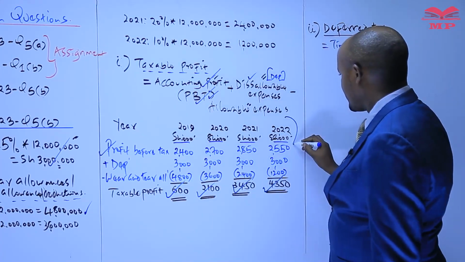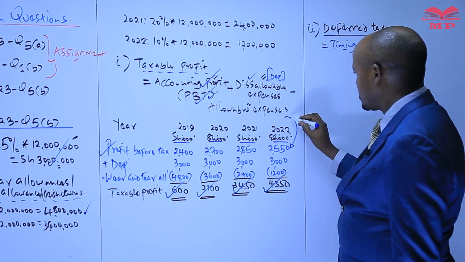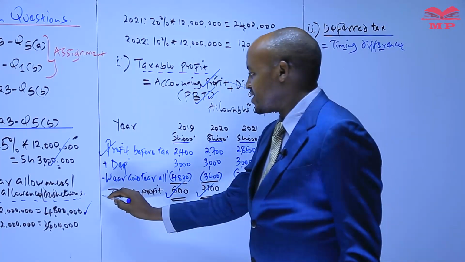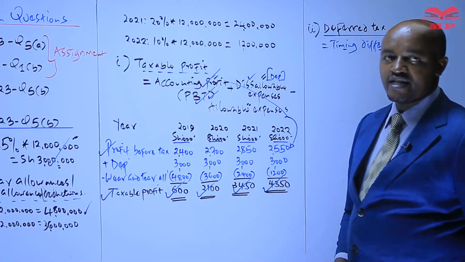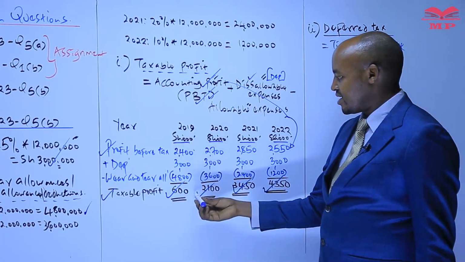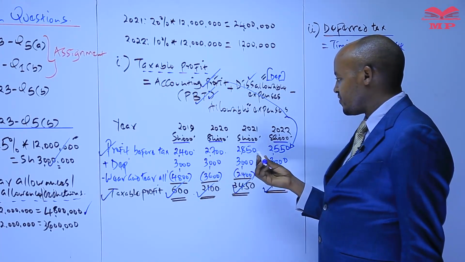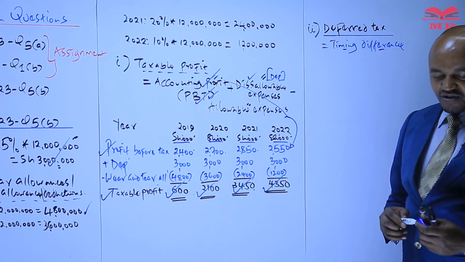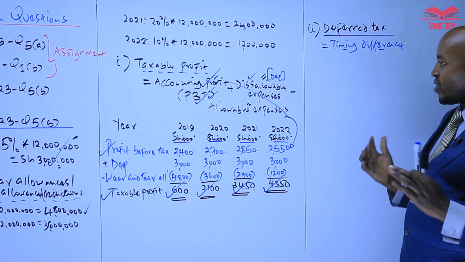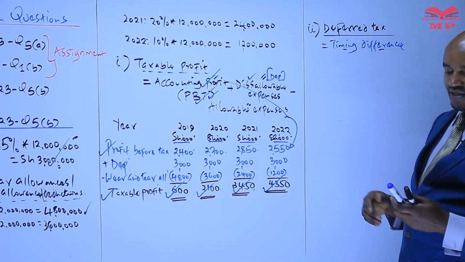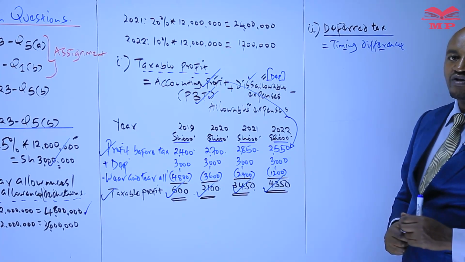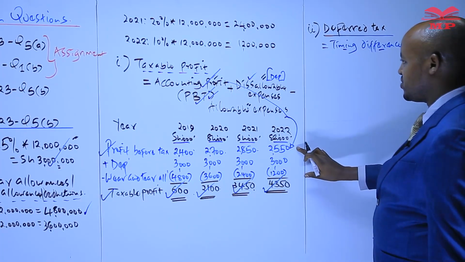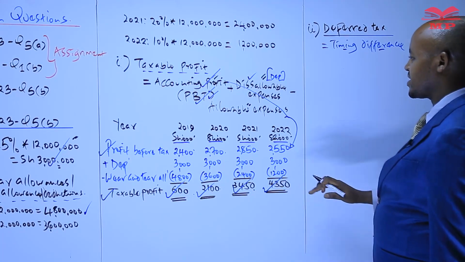So whatever you have here is the accounting profit or the profit before tax. And at the same time, you can see we have the taxable profit. Now, if you compare these two profits for the period of 4 years, you can see that the profit is not the same. So once those two profits are not the same, then automatically that will give rise to deferred tax. So therefore, we compute the timing difference as the difference between accounting profit and taxable profit.